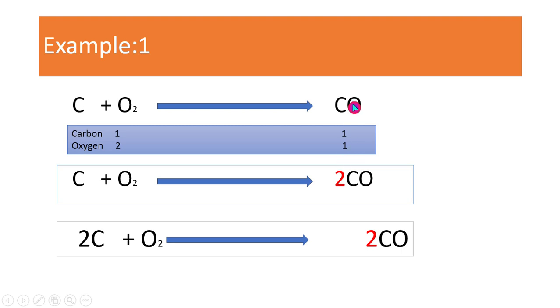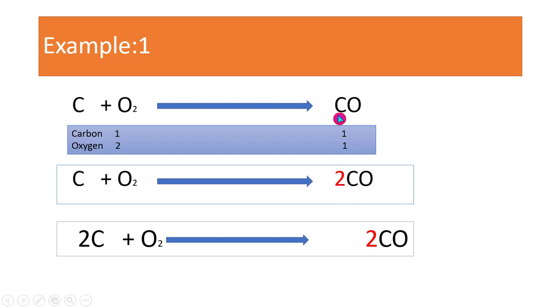In this equation, we observe that there is no metal atom present. So, we first balance the non-metal atoms. The non-metal atom is carbon. In reactants, the number of carbon atoms is 1 and in products, the number of carbon atoms is also 1.